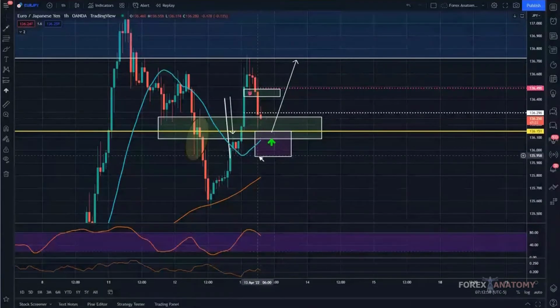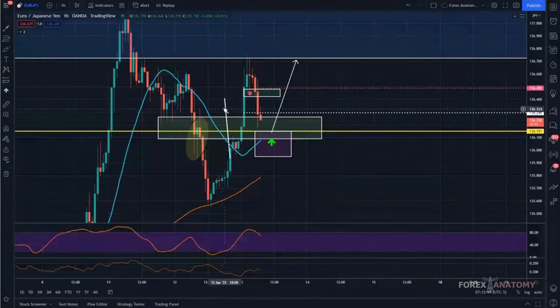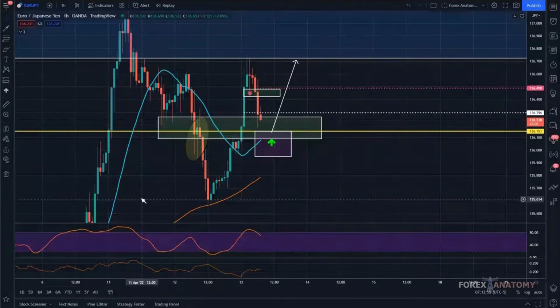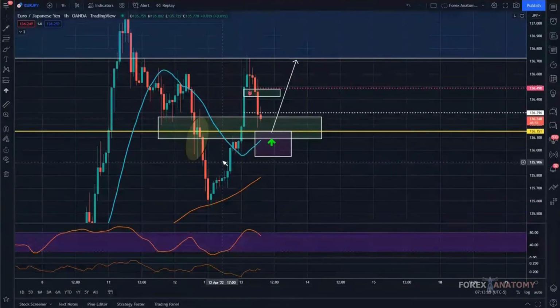A nice buy setup right now within this zone. And yeah, we'll see what happens. Let me delete that. All right. So yeah, we'll just see what happens, and hopefully, we'll get that opportunity to enter a buy. If not, then all is good, all is well. We'll just look for the next opportunity to take advantage of a move on this pair called the euro yen.